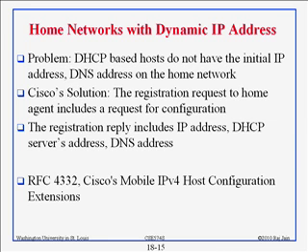But I need an IP address. I don't have an IP address. A local IP address, an IP address that will be good in your network. So it will give me 192 point something or whatever number that is. And the registration reply includes the IP address, the DHCP server's address, and the DNS address. So everything that DHCP does locally will be given to me over there in the hotel.